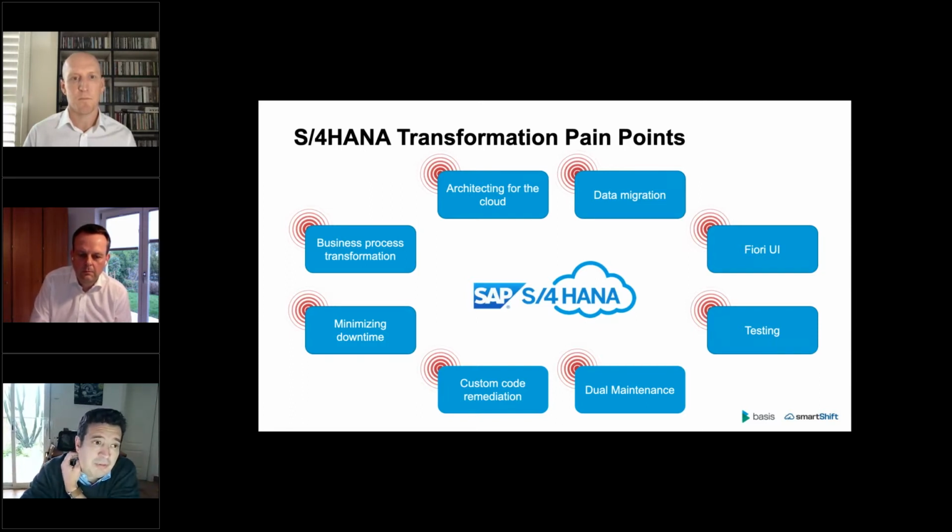But one of the ones that I wouldn't say is overlooked, but can be seen later in the project planning is really the dual maintenance, which is one of the areas we're going to focus on today, and that's something I'll be talking about in a little more detail later on.